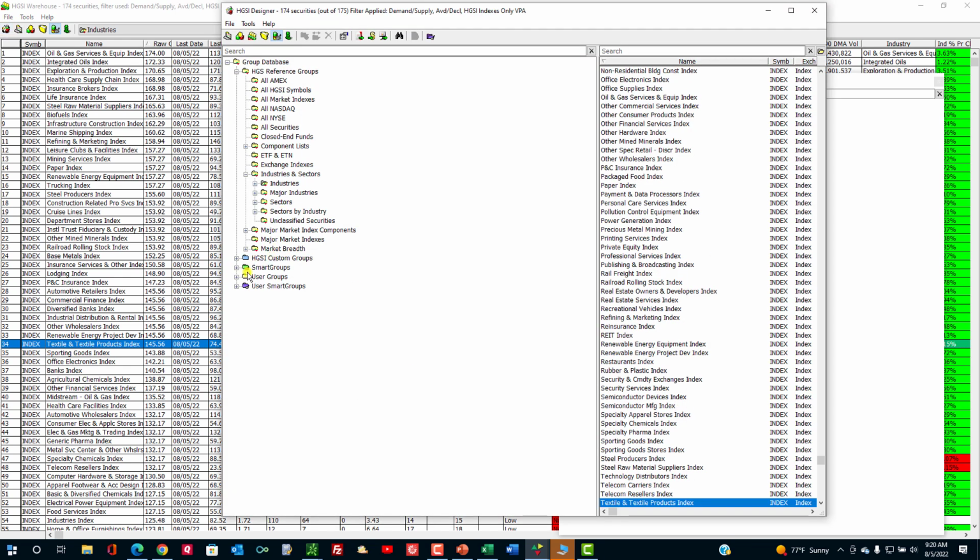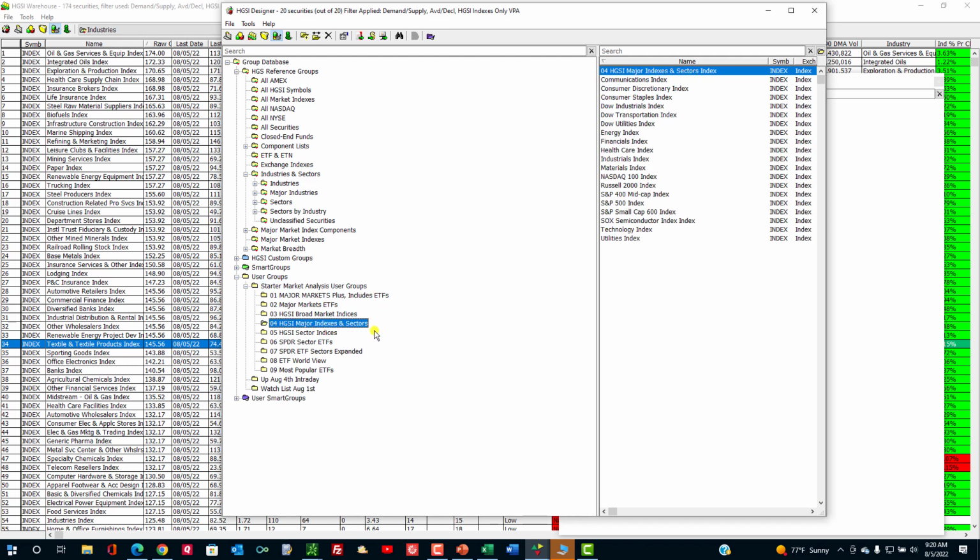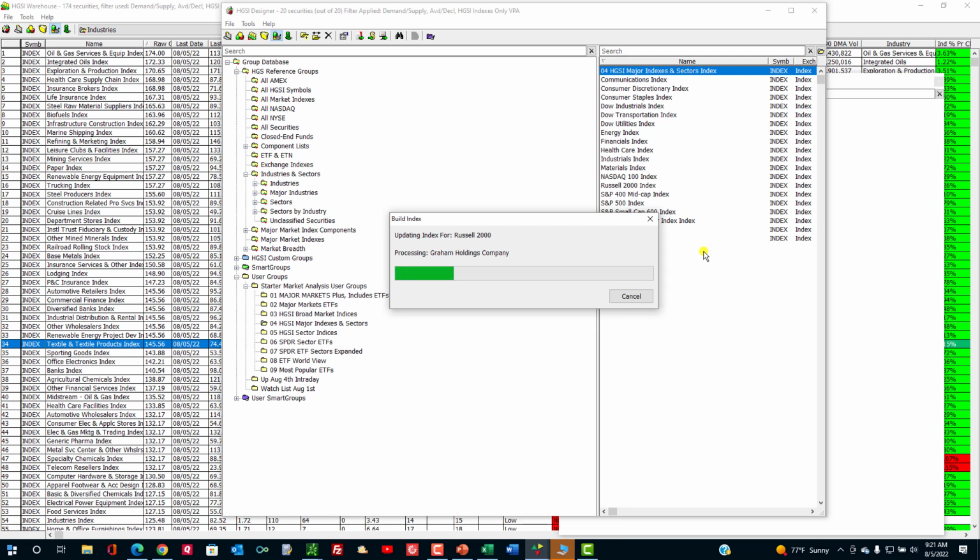Now I'm going to do one more thing. I'm going to go to my user files, and I'm going to select one of these groups. I'm going to select the major market indexes and sectors. I'm going to rebuild the indexes in the group, and once again it's going in and pulling out up-to-date data.